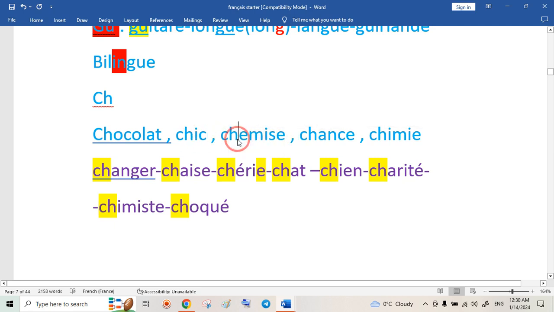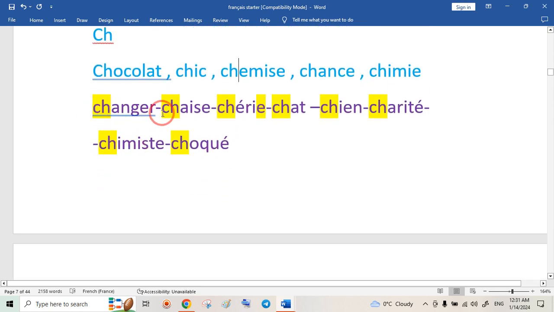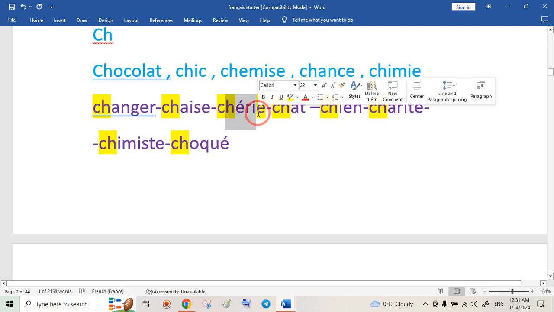Chemise means the shirt. This is for men. Chance, chance. Chimie, chemistry. Changer, it's a verb. Changer, change. Chaise, it is a chair. Chérie means dear. Cher and chérie. Chérie, dear, darling.